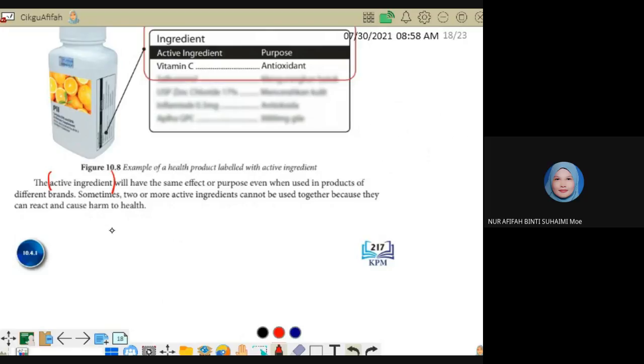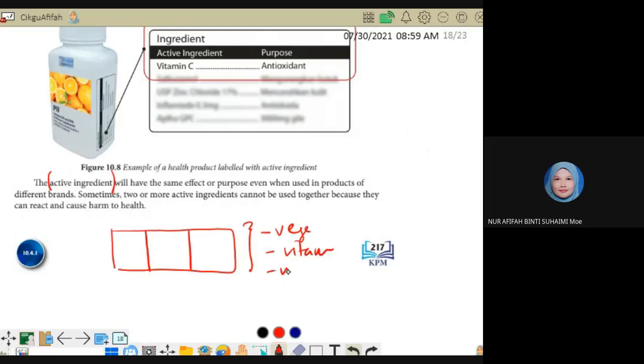Dia ada satu paket yang ada 3 jenis pil, and then 3 ni dah kira the whole vitamin. Semua ada, yang untuk vegetables pun ada, vitamins pun ada, minerals pun ada. So yang ni kita boleh ambil sekaligus, satu kali makan, ambil 3.